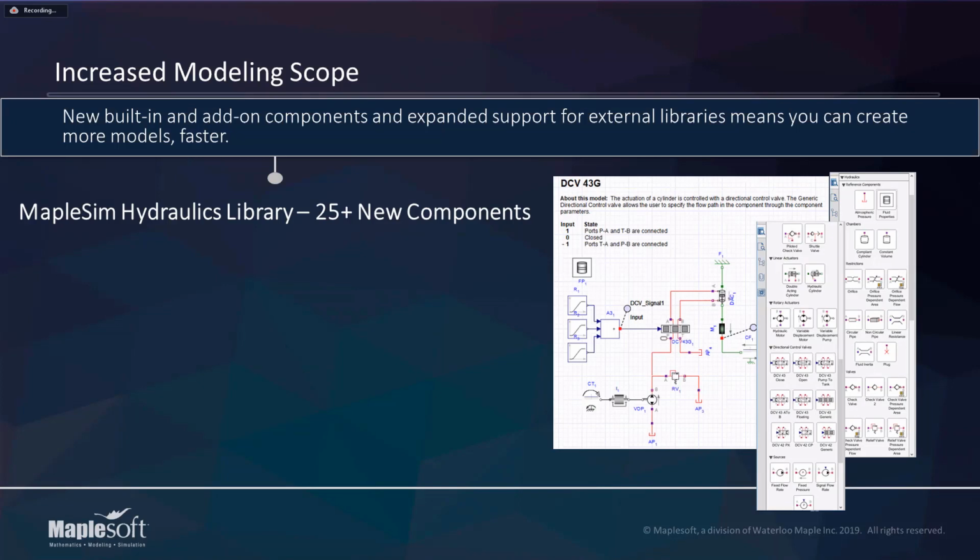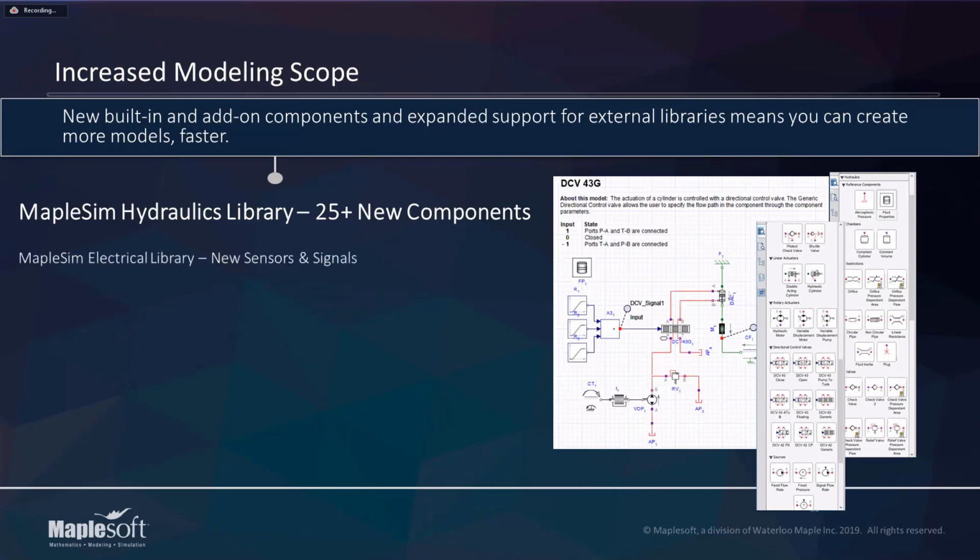We've added a large number of these, as well as generic versions, which gives you complete flexibility if you're trying to build a very specific type of DCV. We've also updated some of the formulations. This helps with the speed of the simulations, as well as numerical stability. Oftentimes when we're modeling a hydraulic system, it's going to be a stiff model, and so we've made it so that you're not going to run into as many stability issues with our solvers.